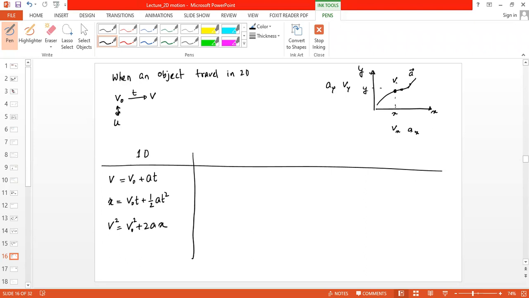এর উপরে ওয়ান ডাইমেনশনাল কেস, বাট যখন একটা অবজেক্ট 2D তে ট্রাভেল করে তখন দেখো তার যে ভেলোসিটি আছে ইন 2D, velocity has two components. Initial velocity has two components. One is along y-axis, that is vy, and the one is along x direction, that is vx. Akibhabe, acceleration has two components. One is along x direction, that is ax, and the one is along y direction, that is ay.